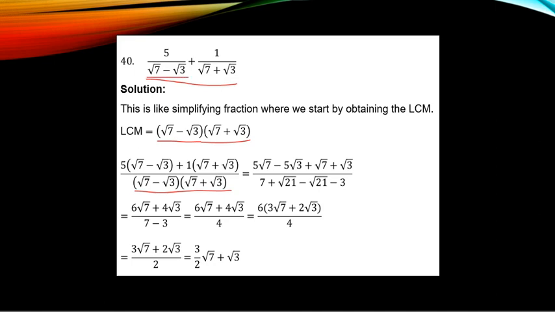You are left with root 7 plus root 3 that will multiply 5. That is the result you have here.